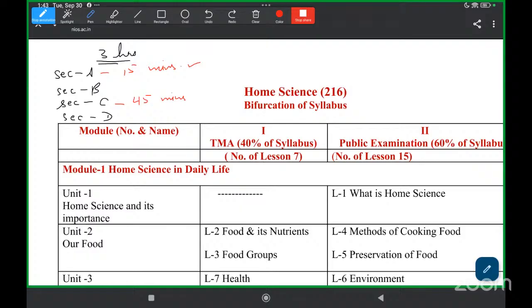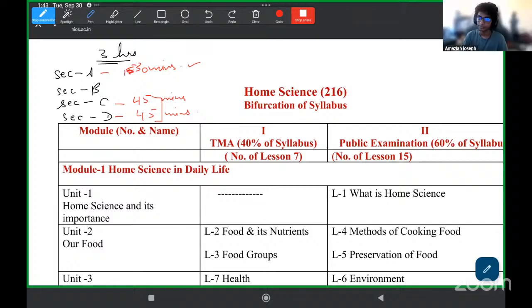Section D, also you can take 45 minutes. Or for Section A, you can put 30 minutes. So this is 45 and 45, that is 1.5 hours. Then 30 minutes is 2 hours.